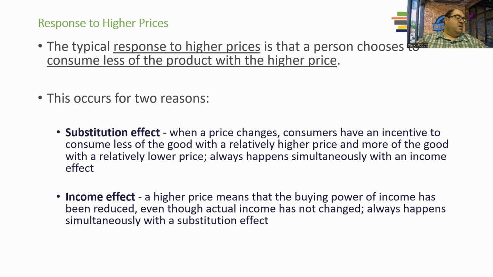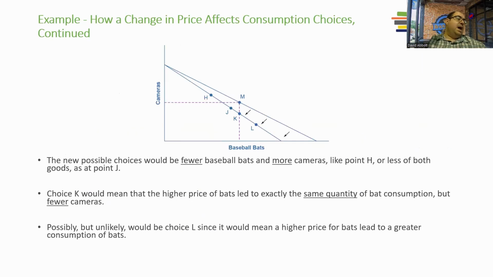This choice is the point K on the new budget constraint, straight below the original choice M. Alternatively, Sergey might react by dramatically reducing his bat purchases and purchasing more cameras. The key is that it would not be prudent to assume that a change in the price of one good would only affect the consumption of that good.